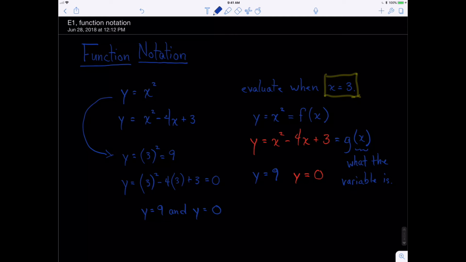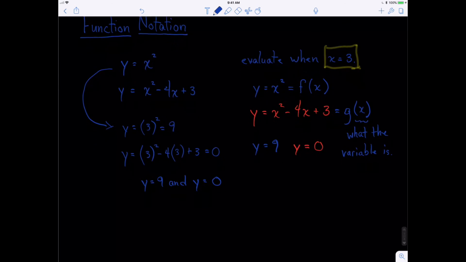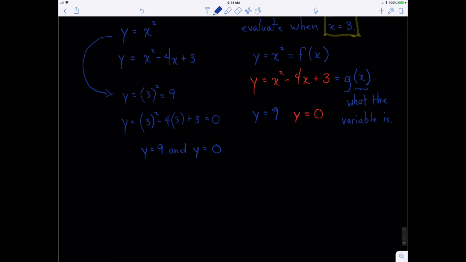So let's try this. I'm going to do the same problem, but use my function notation. If I talk about f, and I want to know what f is when x is 3, then I would substitute the 3 in place of the x. And so you could say that f evaluated at 3 equals 9. And if I use the second problem, I wouldn't use f.